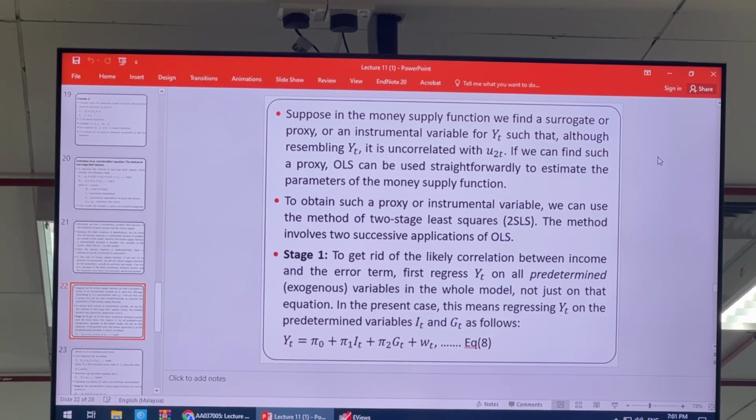To obtain such a proxy or instrumental variable, we can use the method of two-stage least squares. The method involves two successive applications of ordinary least squares, so it has two steps. We use ordinary least squares, but we do not estimate directly.